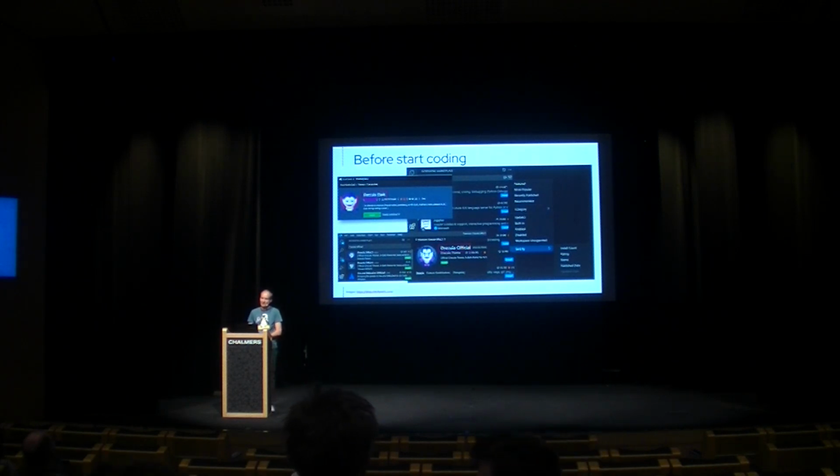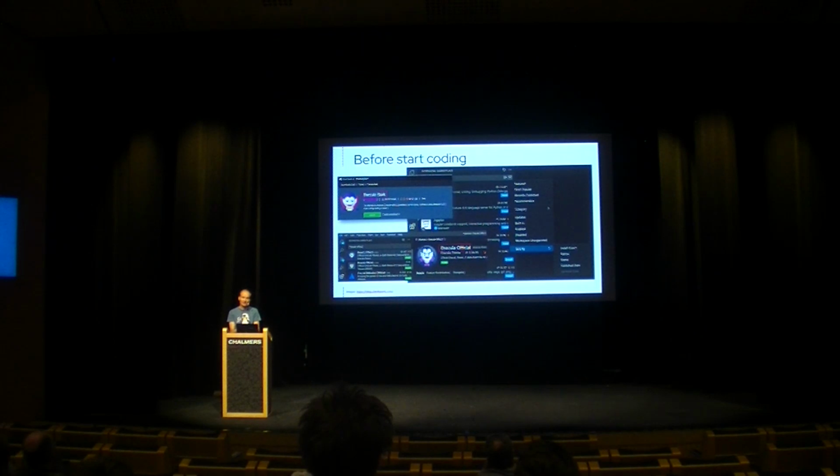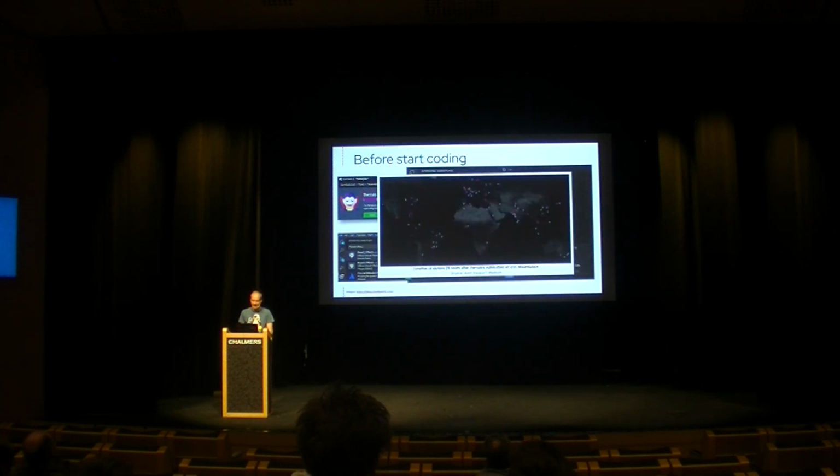This time, it was also a research project. Some researchers just posted a similar extension to the VS Code marketplace, and then saw what happened. And what happened was brilliant. I think thousands of downloads, if not millions. And this is the map that this researcher built, of potential victims of downloading this extension.